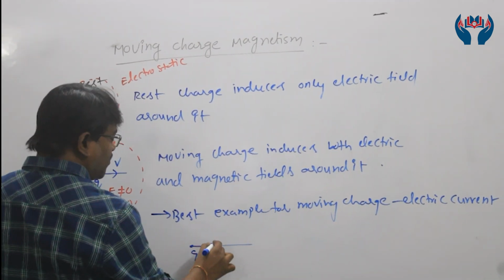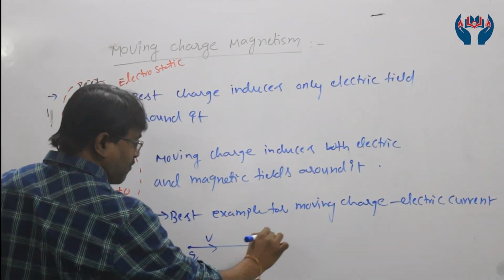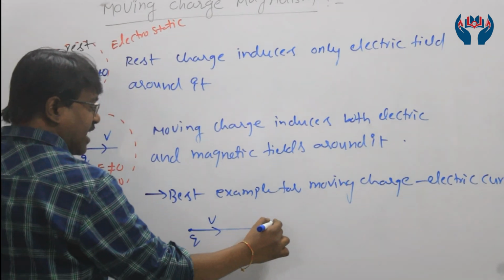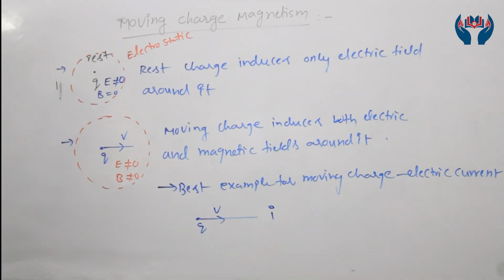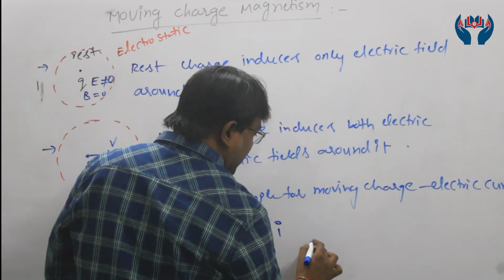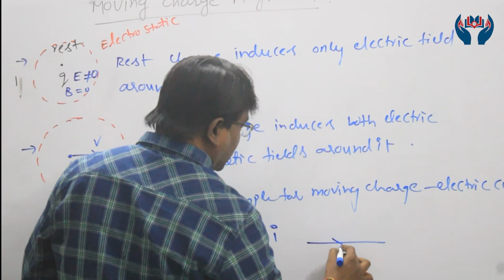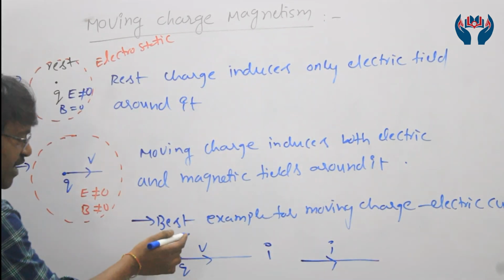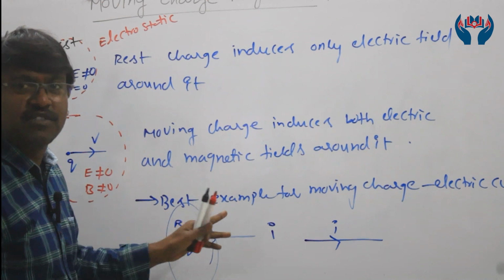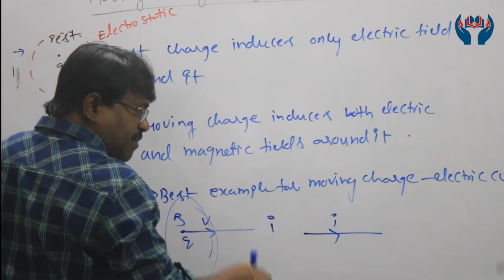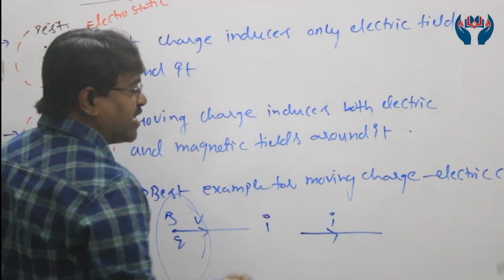When the charge is moving with some velocity, the flow of this charge is called current I. So we can write one conclusion: moving charge means a current carrying conductor. This moving charge induces a magnetic field around it, which means the flow of charge is considered as a current.